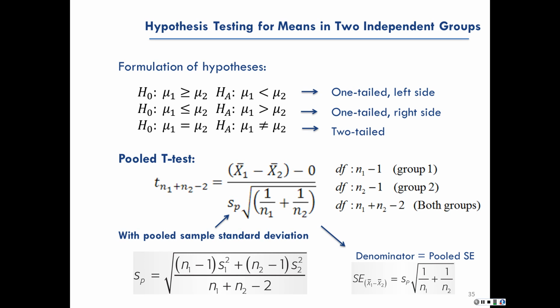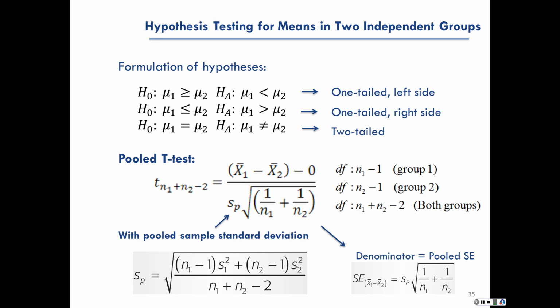There are a few things to note about this that are different. One is how you calculate that pooled standard deviation. I've shown the formula on the bottom left of the slide. You can see it involves a square root. It's complicated looking, but it's really not that difficult.